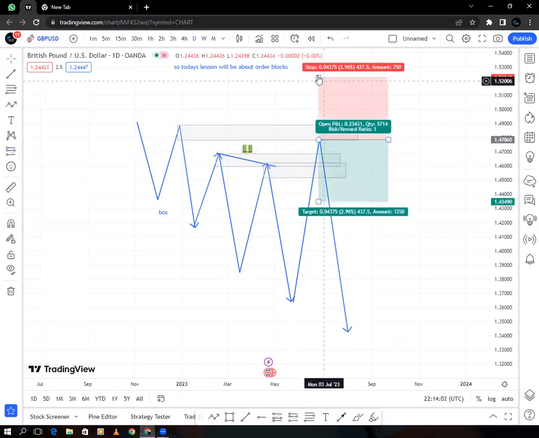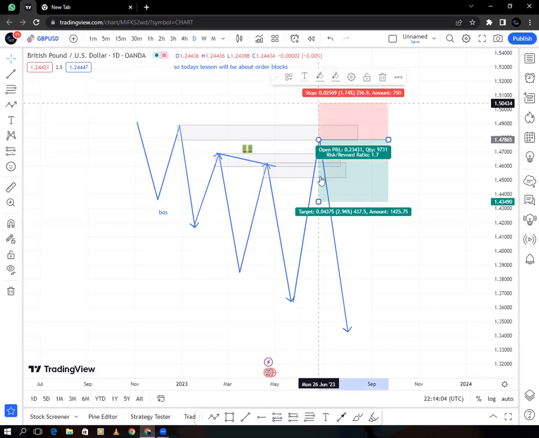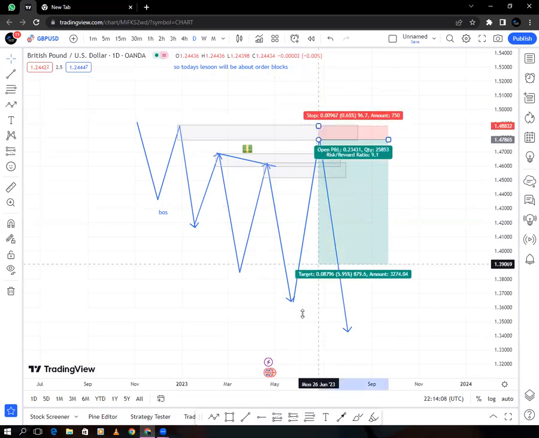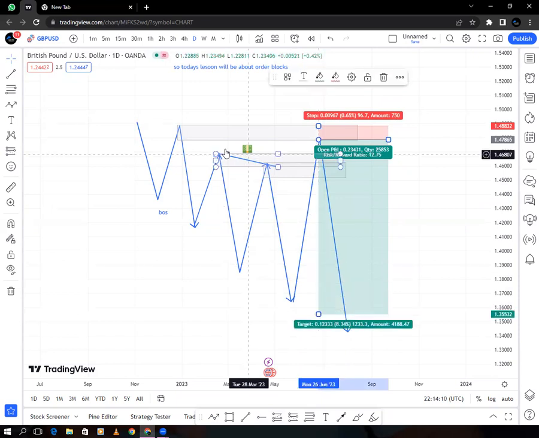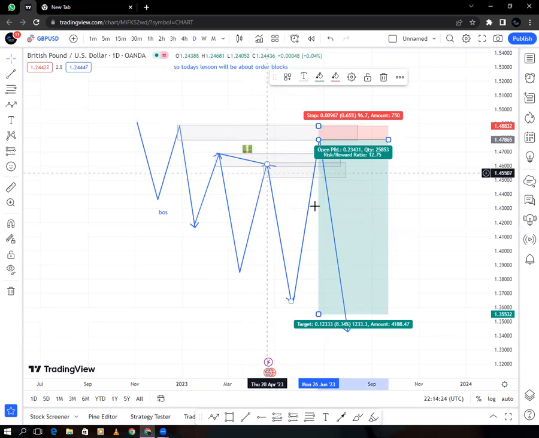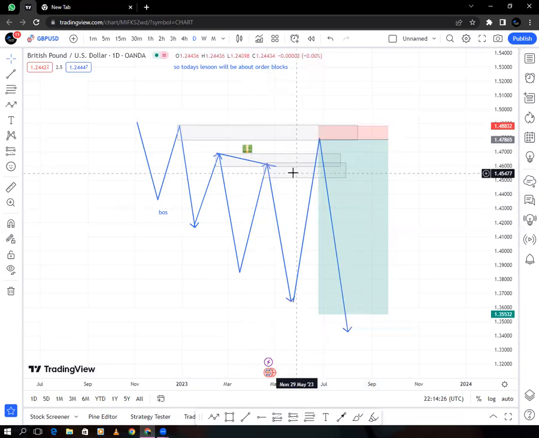Why do we call it inducement? It's mainly because of this higher low. It never came to our point of mitigation at all, and it also created liquidity and a false order block in order for you to fail in this area.